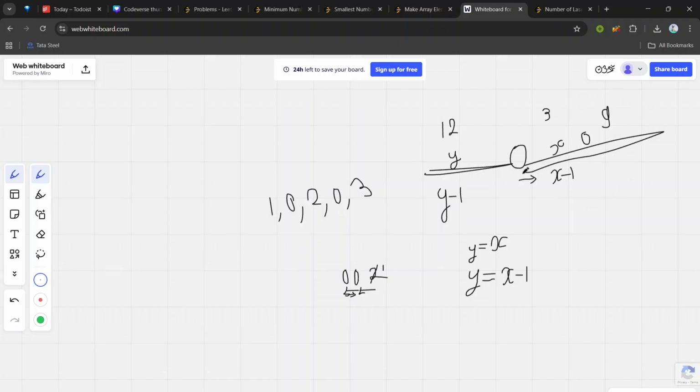And the second way is that if the sum on the right side is greater than the left side by 1 only, then also you can get an answer, and you can get a valid way if you choose the right direction. If y is equal to x, you can go right or left, that is not an issue. But if any direction is one more than the other direction, then you have only one way to go from that 0.